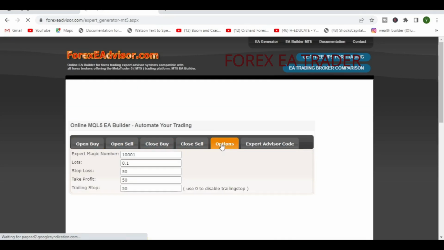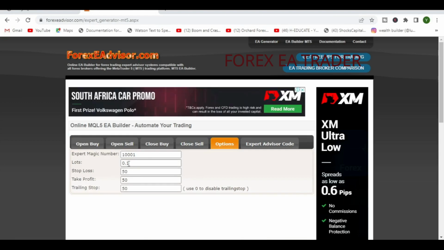So then we come to conditions. Again, here you are going to use the bare minimum, depending on your broker or account. Some accounts it's 0.01, some accounts it's 0.1, but you are just going to use the bare minimum lot size that's allowed by your account.